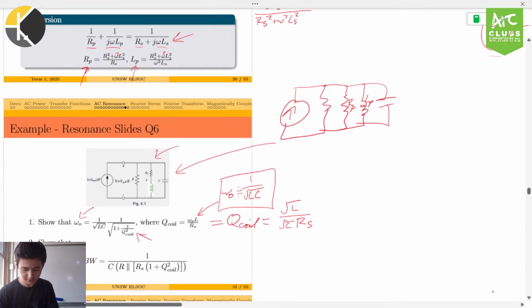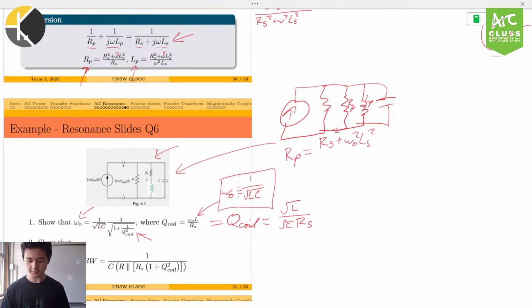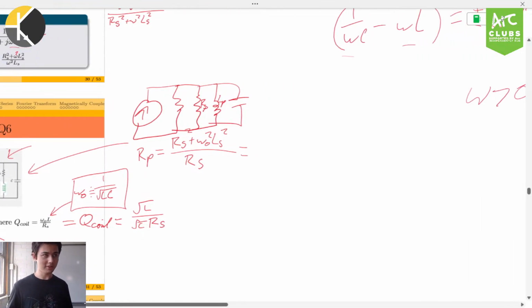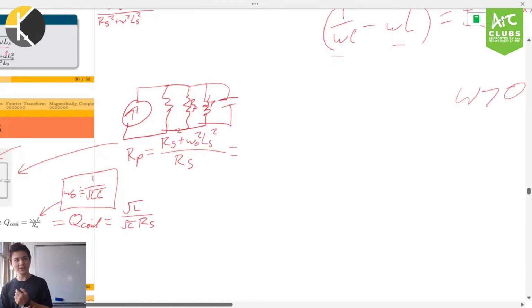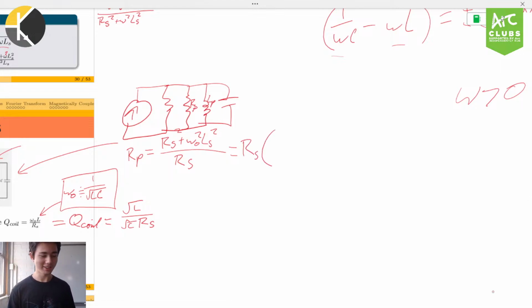I need to say, oh, RP equals RS squared plus omega squared LS squared, mind you, this is omega 0, so it's our resonant frequency, because that's where I want to operate this circuit, all divided by RS. Now, we can also say, okay, can we express RP as a multiple of RS? This is where it gets a lot nicer.